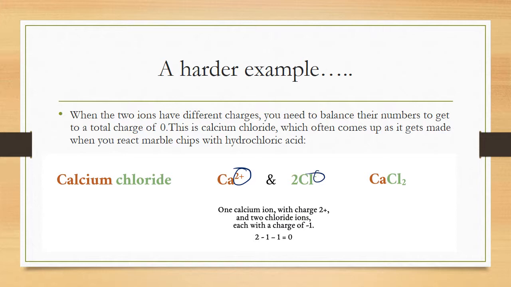So one calcium ion with a charge of 2 plus and 2 chloride ions each with a charge of 1 minus gives 2 plus minus 1 minus 1, which equals 0. So the formula of calcium chloride is CaCl2, because you've got to have 2 chloride ions to balance out the plus 2 charge of the calcium ion.